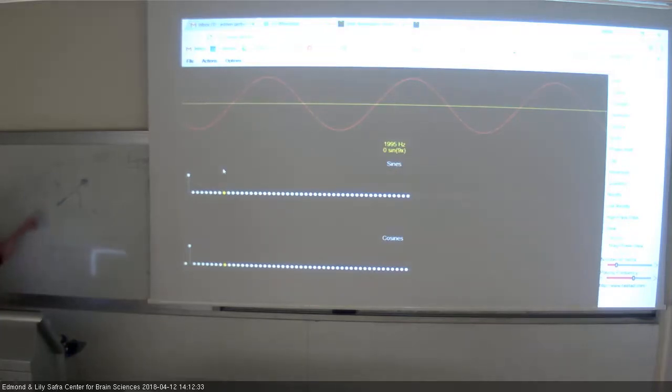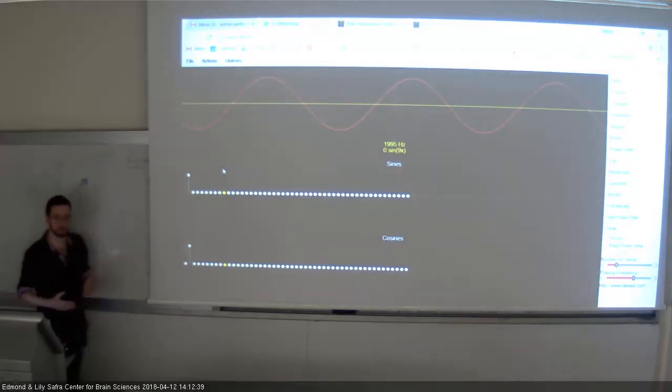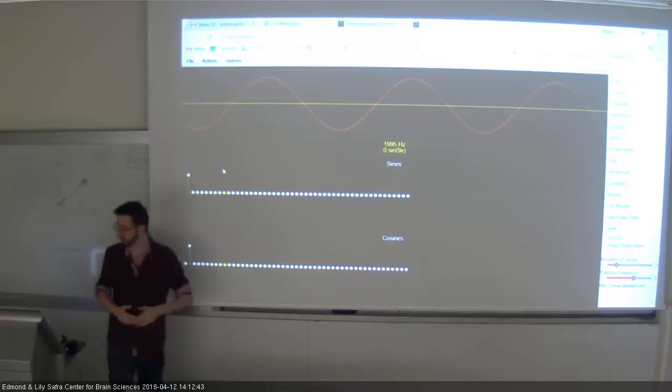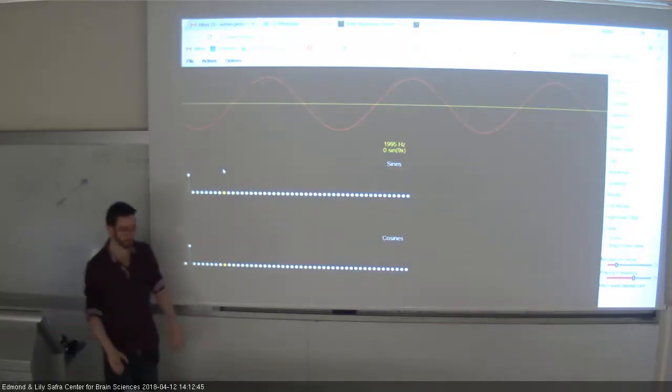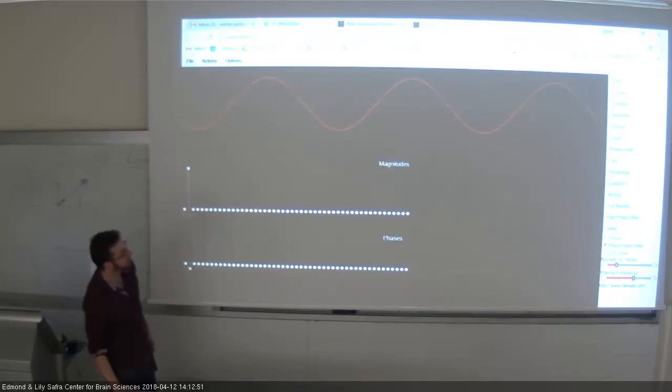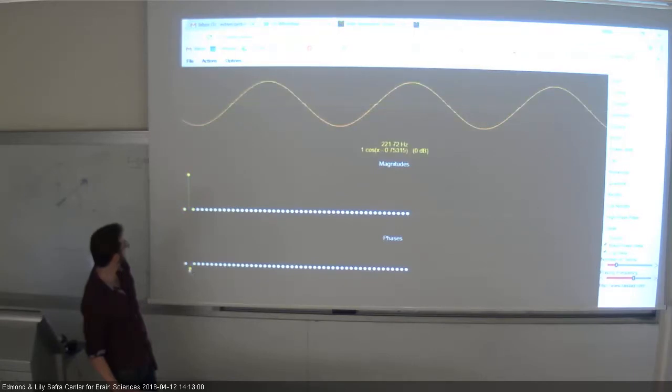So by changing the ratio between the sine and cosine wave, it's the same as changing the phase and the amplitude of this oscillation. Another way to look at it is to move to a magnitude and phase representation, which is easier. So here we change the magnitude here and the phase here.